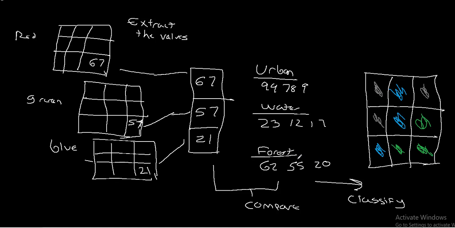At the highest level, what supervised classification is going to do is look at these pixel values and, in some way, shape, or form, compare them to the classes that we've given information for. If you look at 67, 57, and 21, and compare these, it would make most sense that it would be forest, because 62, 55, and 20 is going to be closest to these three.